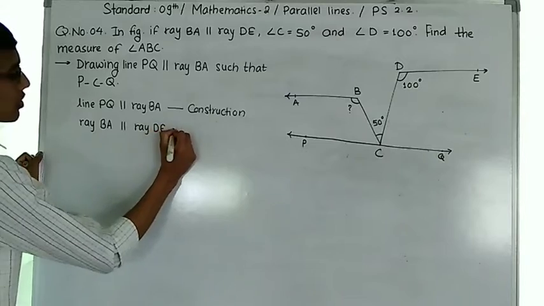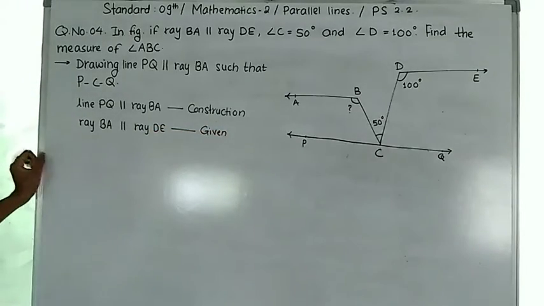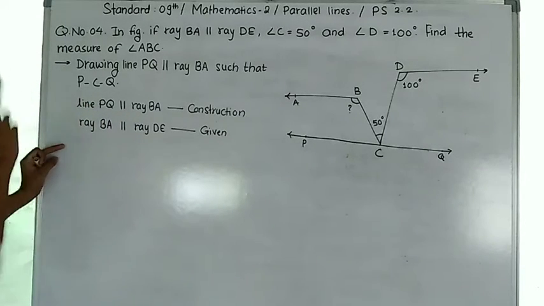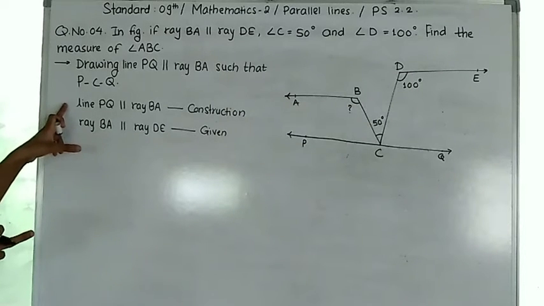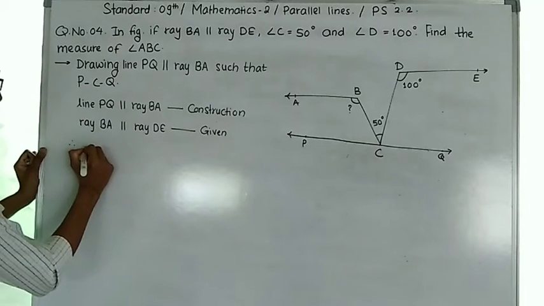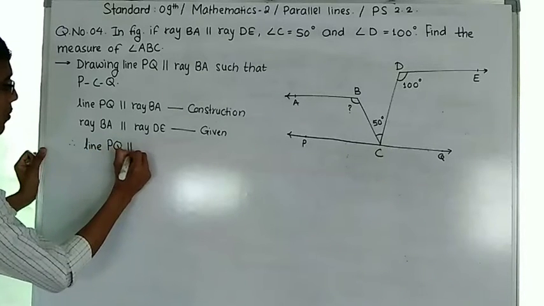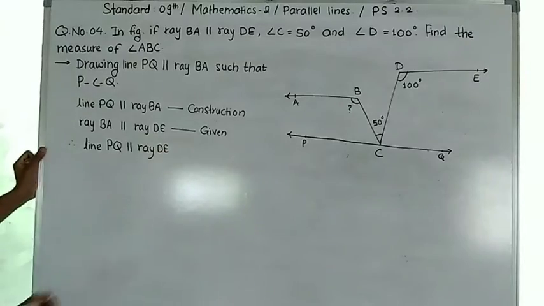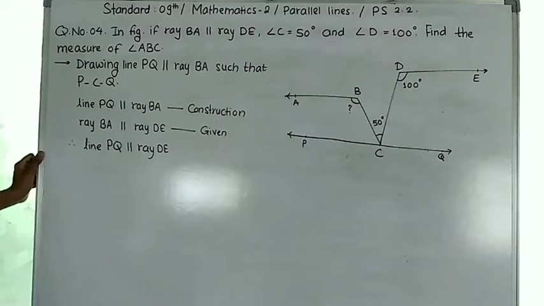Is it? Yes, it is the given data. As ray BA is parallel to line PQ as well as to ray DE, that means line PQ is also parallel to ray DE. Therefore, we can write line PQ is parallel to ray DE. Line DE and line PQ are also parallel to each other.